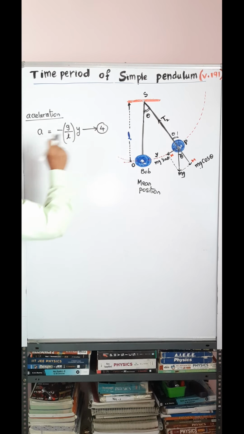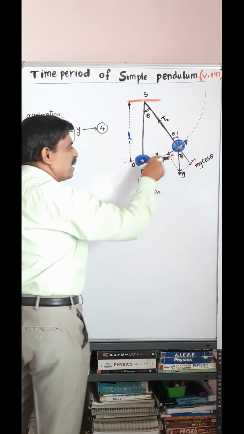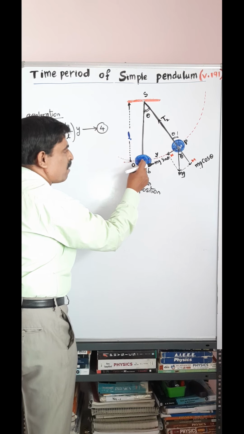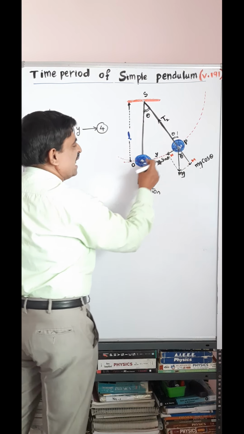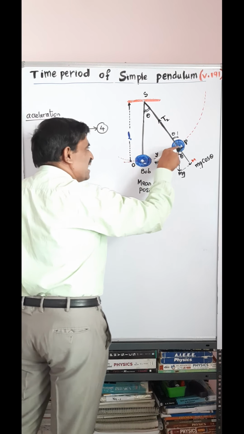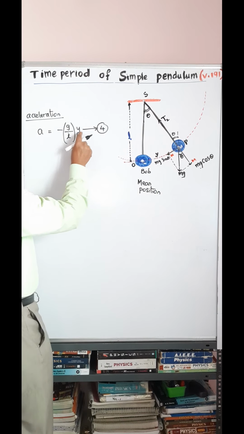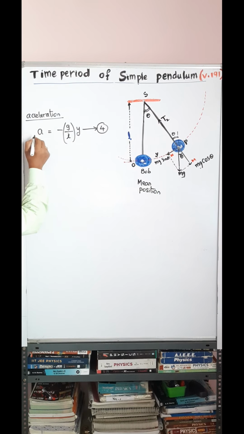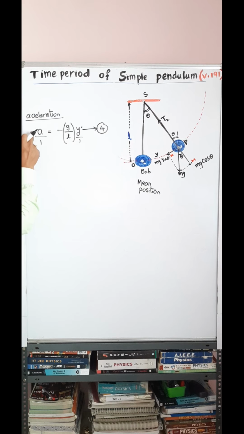In this equation, Y represents the displacement. Initially the bob of the simple pendulum is at O. After some time the bob is at P. There is a change in position along the straight line path. I am calling it the displacement, and I am taking this displacement as Y. Acceleration is in the numerator, and displacement is in the numerator.